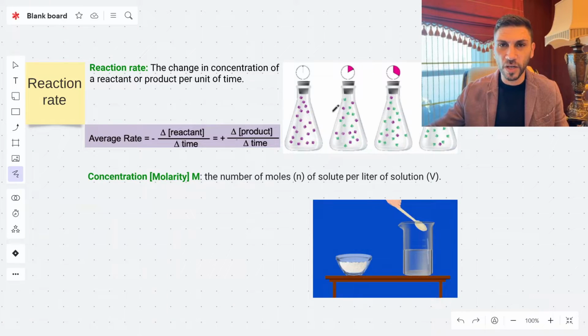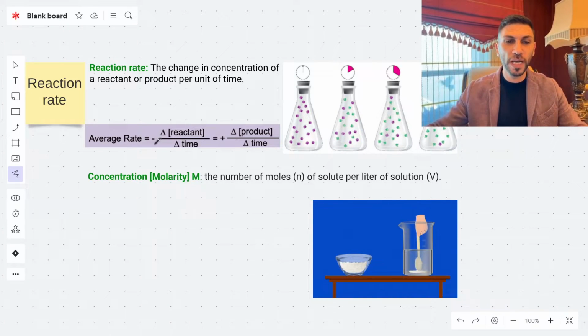So the reactants are getting less and the products are getting more. Then after 20 seconds, we have less purple and more green. And after the reaction finishes, maybe at 30 seconds, there are a lot of green products and far fewer purple reactants.